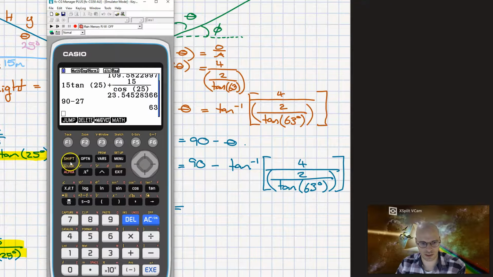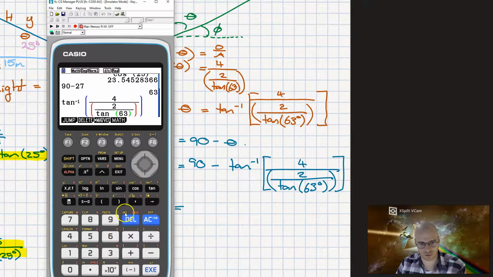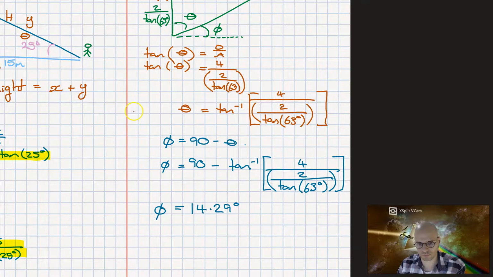So we're going to get shift tan, then inside the brackets we're going to get 4, then we're going to do more brackets and we're going to go 2 over tan 63, and all of that was 90 minus this guy. So that will equal 14.29 degrees.